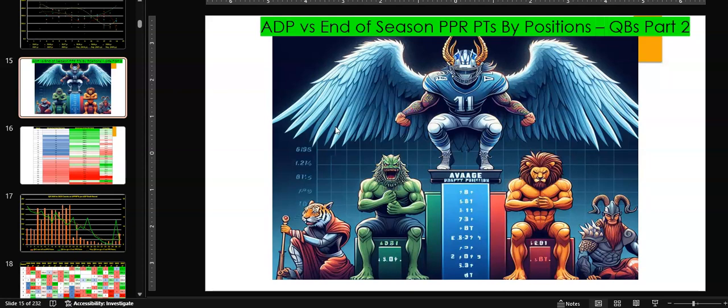This is part 2, quarterbacks 2015 to 23. I'm continuing my top-down background analysis, reference class forecasting, having some basis to which I can start then making some decisions. And you've got to frame things properly in data analysis.